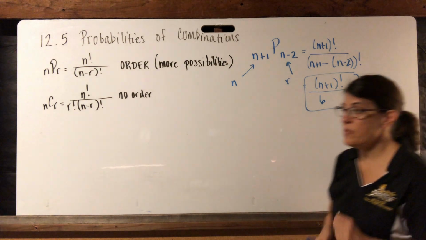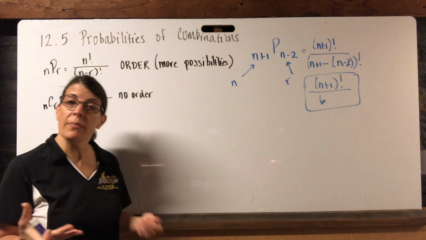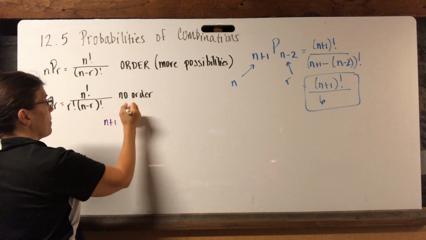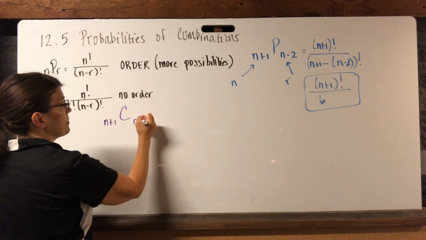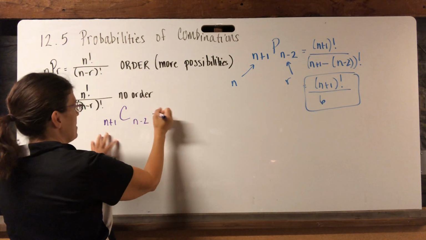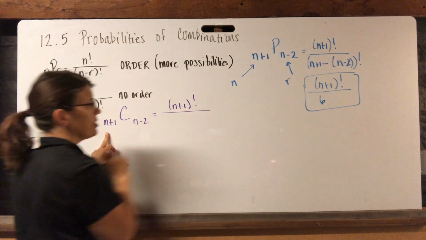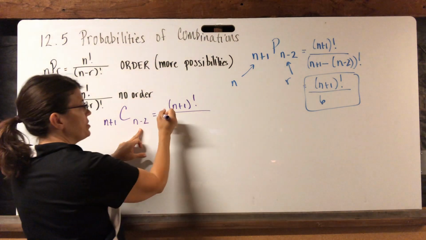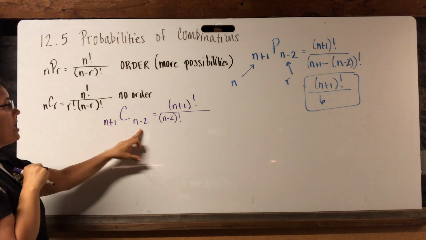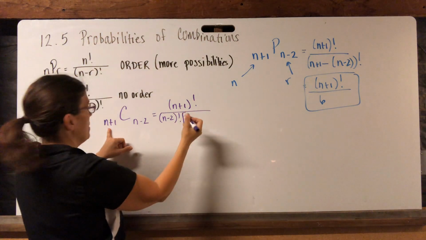Okay, let's do the same thing with a combination. So I'm going to do the same problem using a combination instead of a permutation. Okay, this is going to be N, which is N plus 1 factorial, over R, which is N minus 2 factorial, times N minus R, which we just did in the previous problem, but I'll show it again.